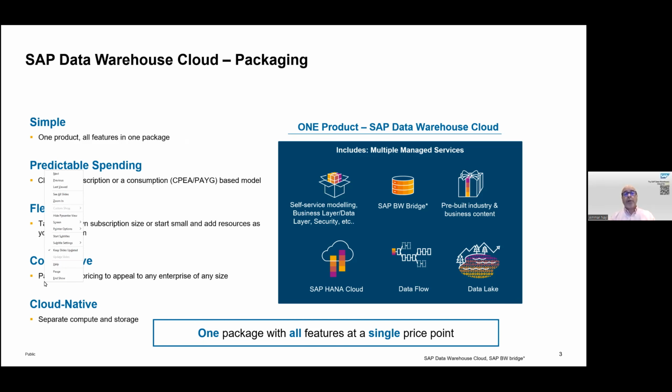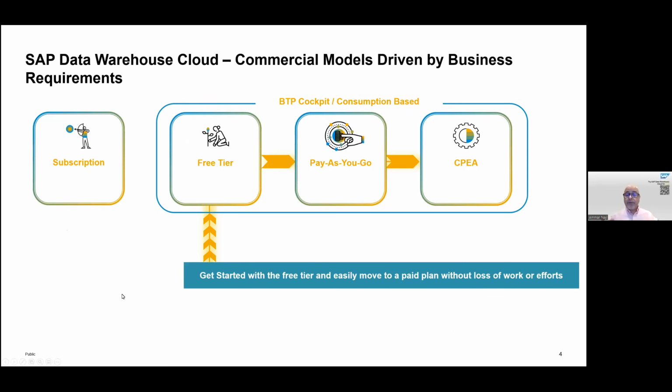To support all of that and help customers with their journey to the cloud, we needed to provide different commercial models that best fit the customer's adoption strategies, be it on-demand consumption or a reserved instance-based consumption.